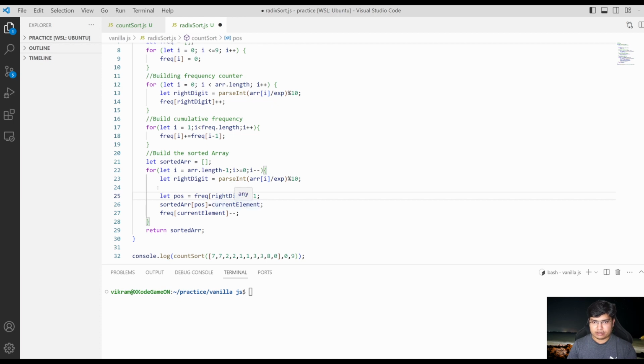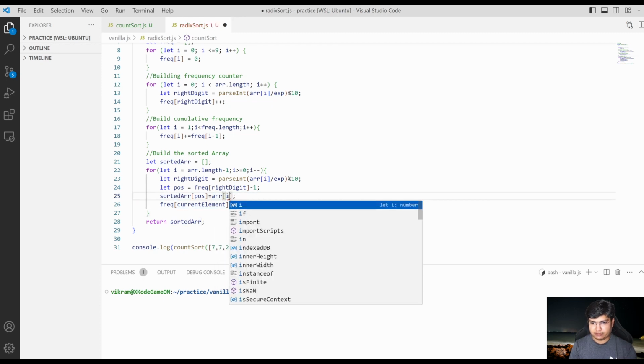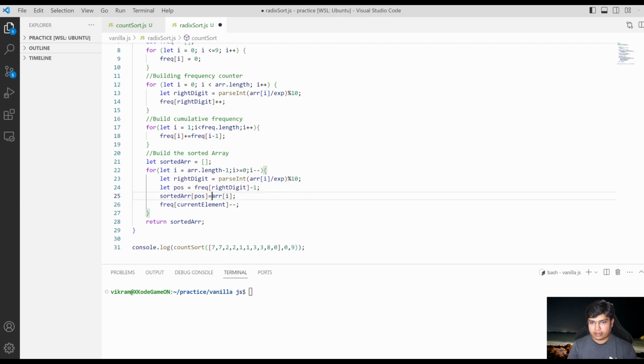Subtract 1 because array indexes start from 0, and in the sorted array, which is my new empty array, I am putting the ARR I. So while copying and putting the values back to the sorted array, I am taking the original number, and while trying to find the right position, I am using the rightmost digit.